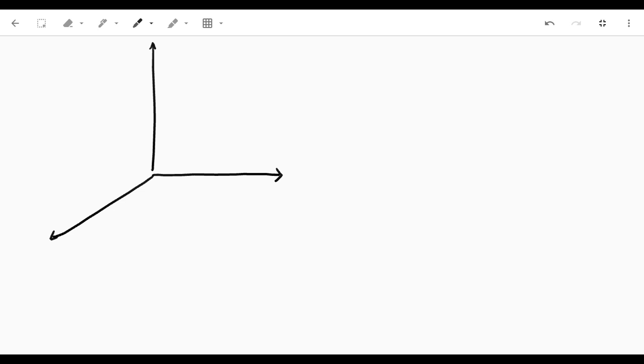So let me get this here: x, y, z. We're going to have a shape.